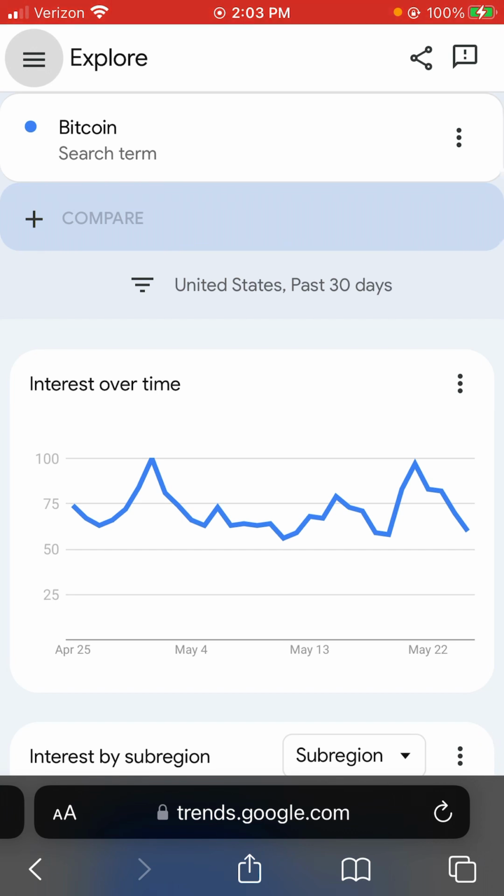In fact, if anything, I would almost assume that people are starting to get interested in Bitcoin again. But that is a very careful assumption.